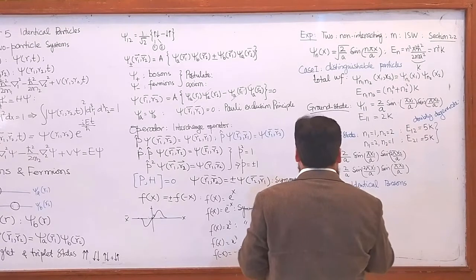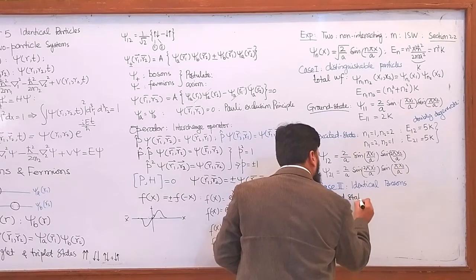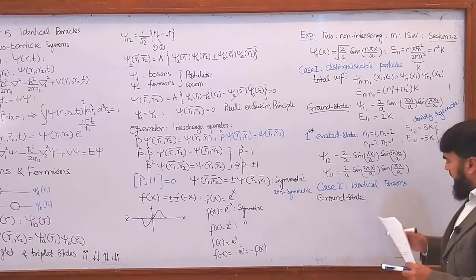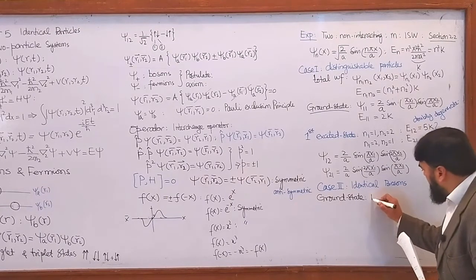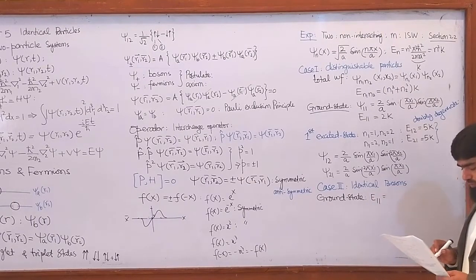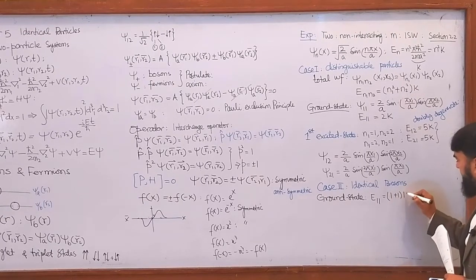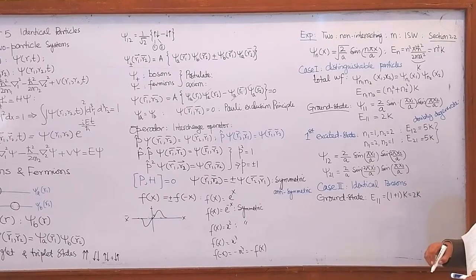Identical bosons. And now see what the ground state will be. The very first one, the ground state. Ground state means n1 is equal to 1 and n2 is equal to 1. So we will have first E1,1, and this is equal to (1 square plus 1 square) k, and this is equal to 2k.